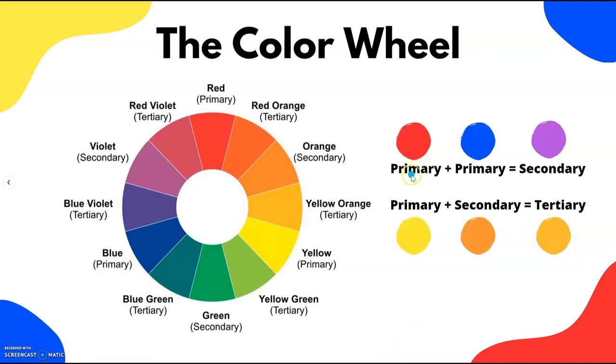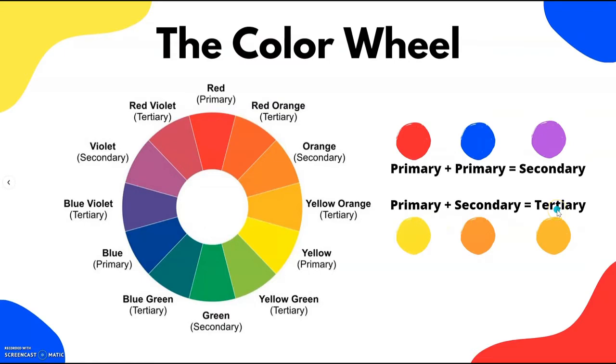So again, just to review, to create your secondary colors, you grab 2 different primary colors and add them together. So I have red, for example, mixed with blue, which will create our secondary color, violet. Now, to make your tertiary colors, you need to grab 1 primary and 1 secondary color.